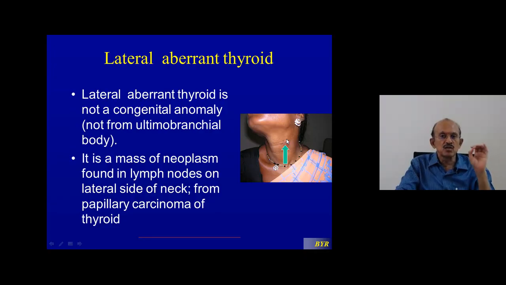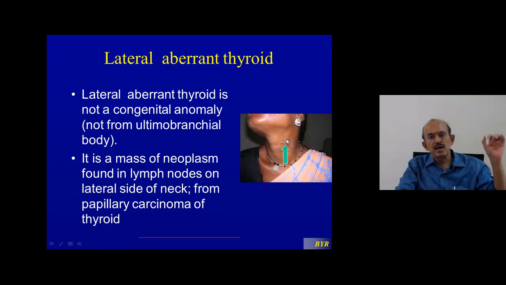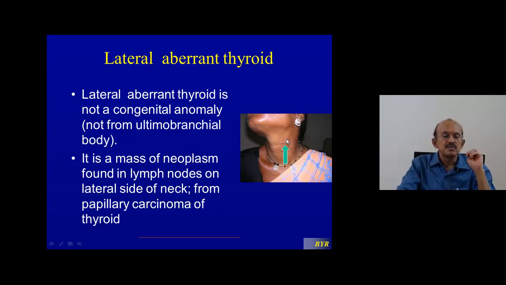When it metastasizes there, it produces a follicular architecture in the lymph node. So if you remove the lymph node and study it, it looks just like a thyroid gland. So this is a mass of thyroid metastasis in a lymph node.